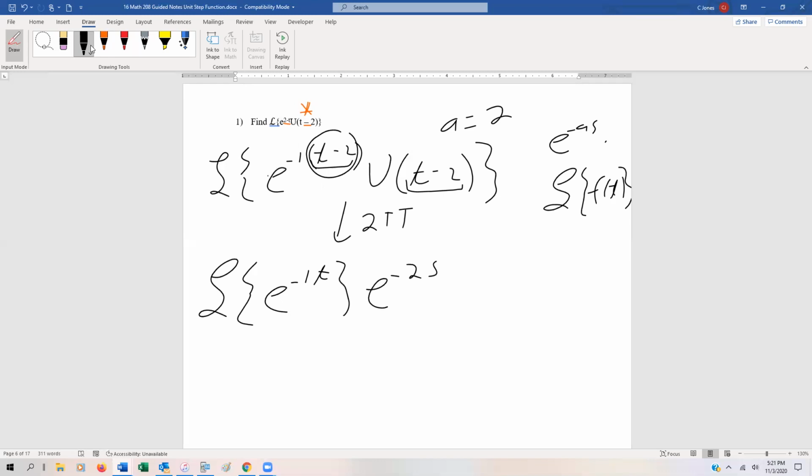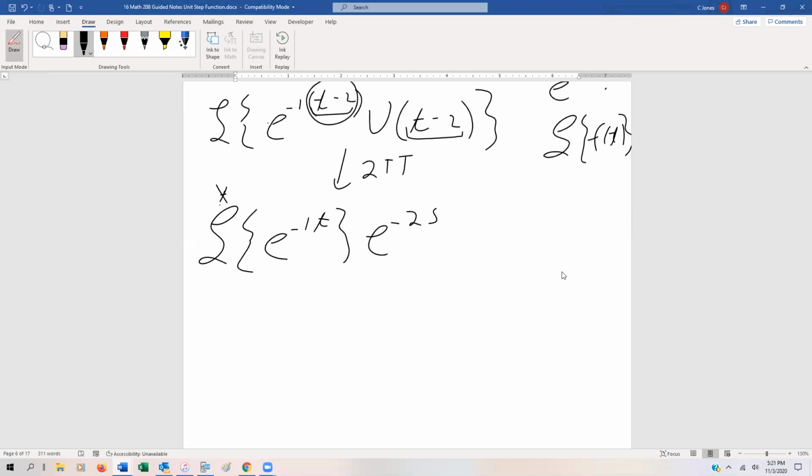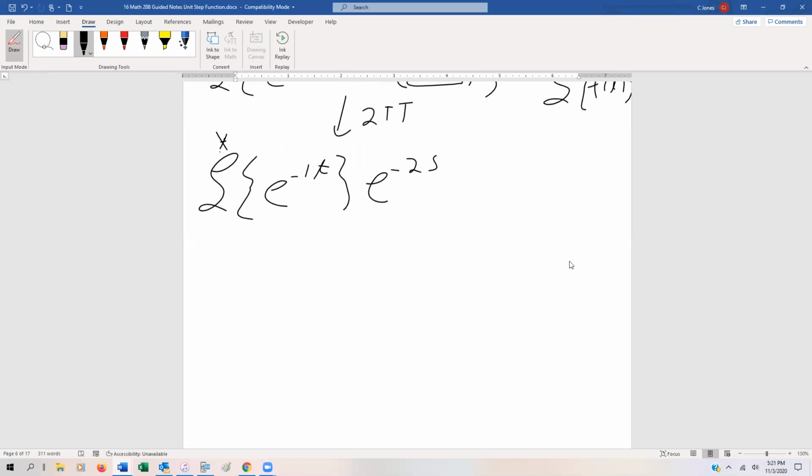Right? And now we could just take this, and you might remember that anything with an e is actually going to become the first translation theorem. All right, so this is going to become the Laplace of 1 as s approaches s plus 1, times e to the minus 2s.